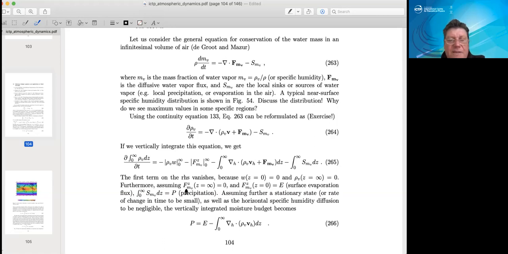Further, we assume that the diffusive flux at infinity is 0. This is so because the density of water vapor goes to 0, so there's no flux if we go up. But at the surface, this lower boundary condition, this flux is not 0. The definition of this flux at the surface is the evaporation.